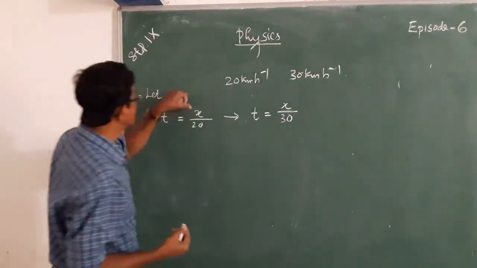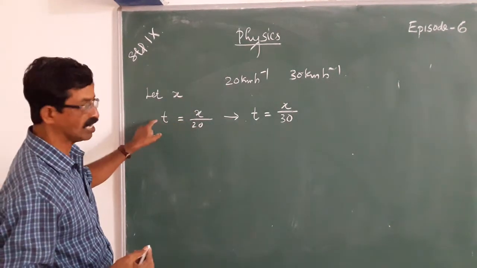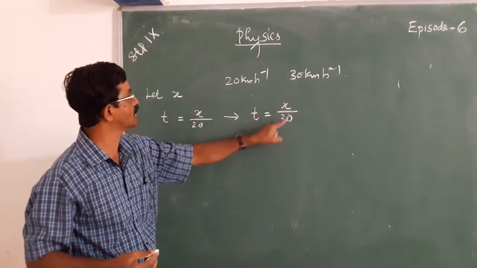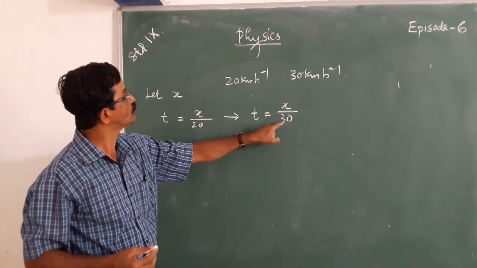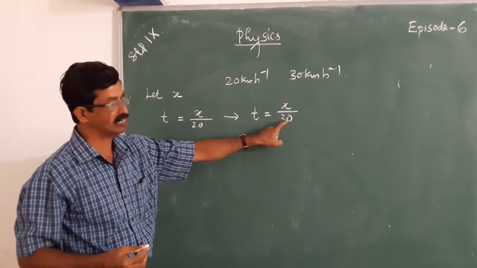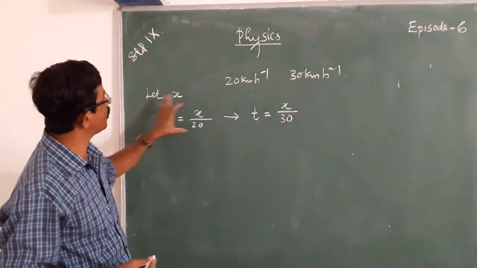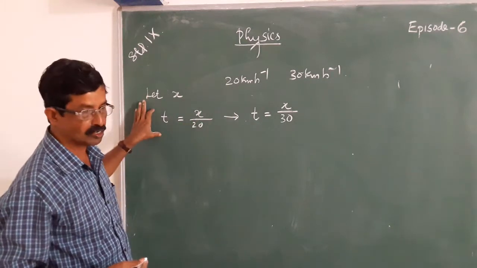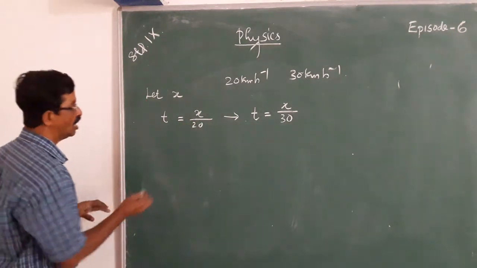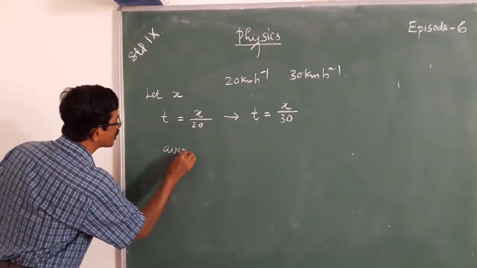Distance by speed gives time. Now we have the up and down times, so we can find the average speed.